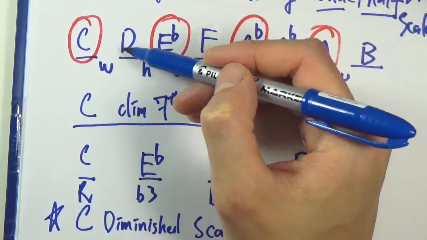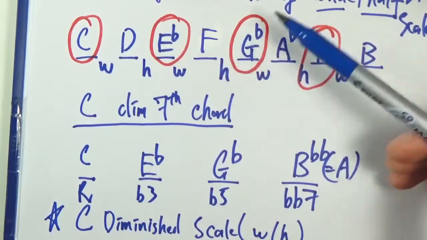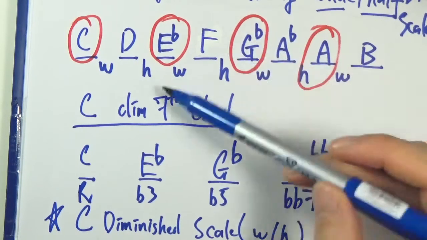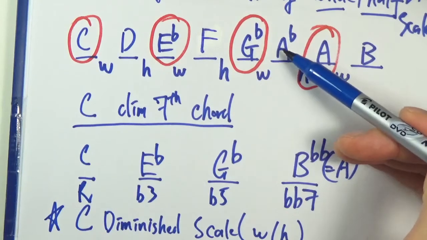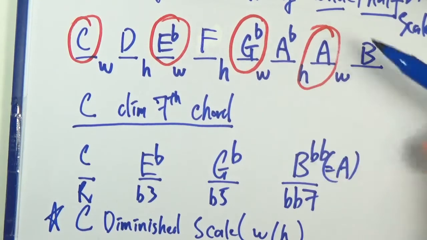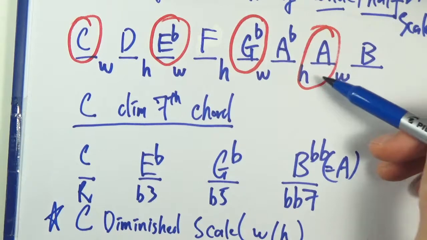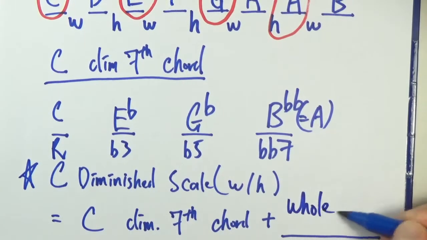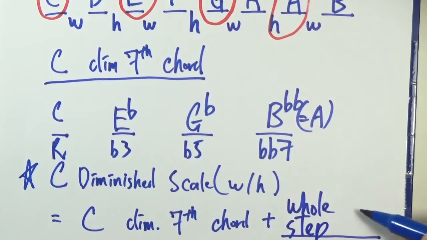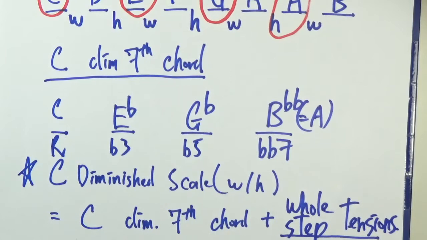So D is a whole step above C. F is a whole step above E flat. A flat is a whole step above G flat. And B is a whole step above A. So whole step. Tensions. All right. Cool.